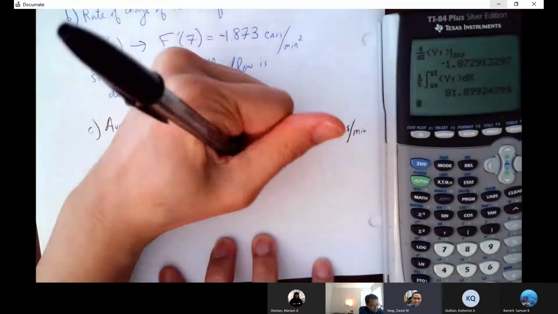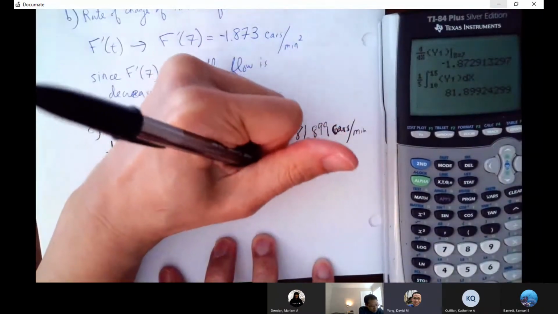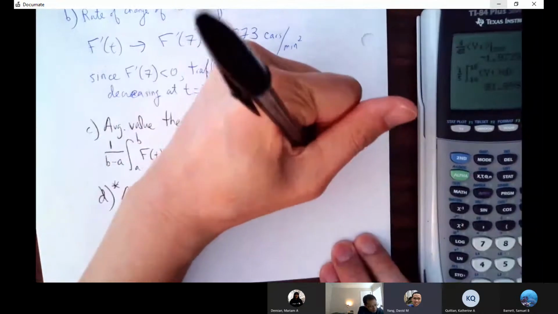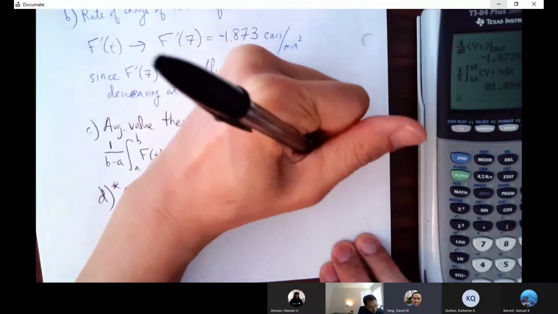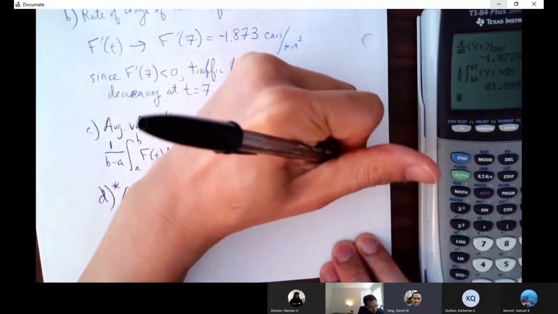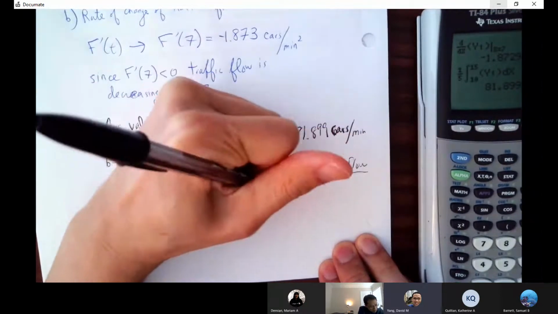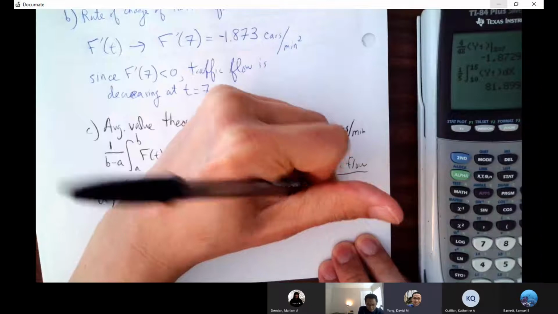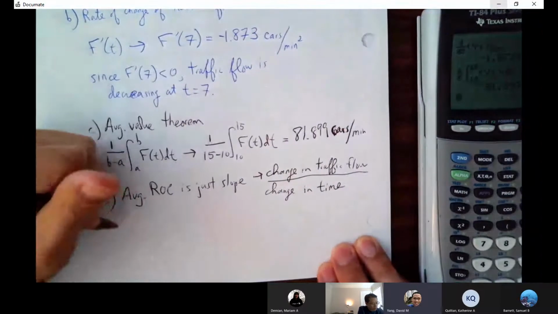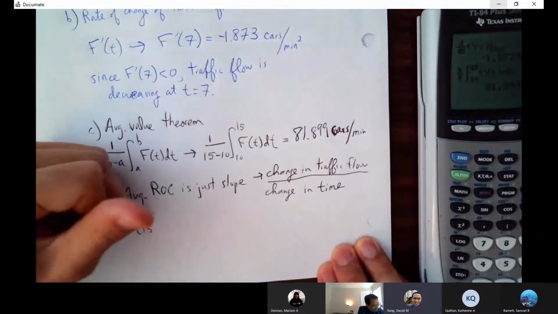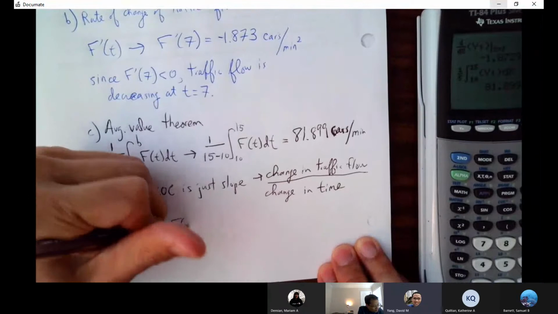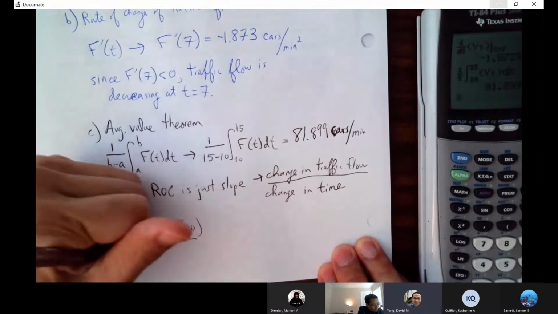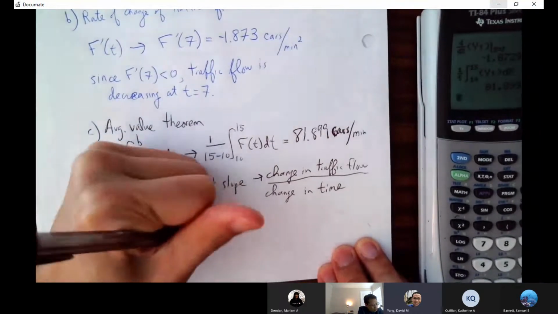So we want to find the change in traffic flow divided by the change in time. So f of 15 minus f of 10 divided by 15 minus 10.